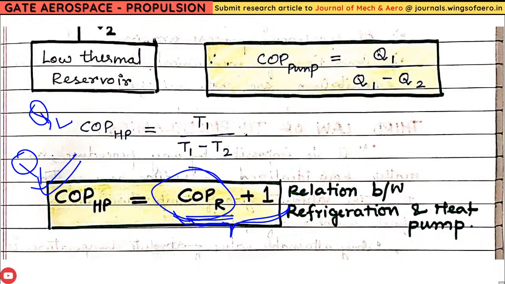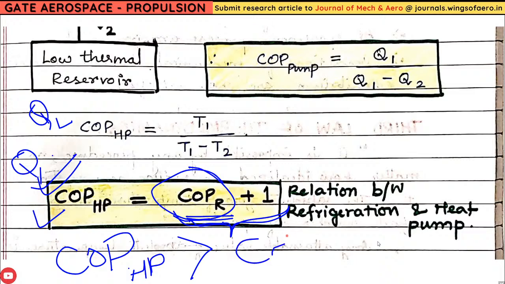But considering both have the same Q1 and Q2, will the COP, that is the coefficient of performance, be the same? No. Always the COP of a heat pump will be higher as compared with the COP of a refrigerator.